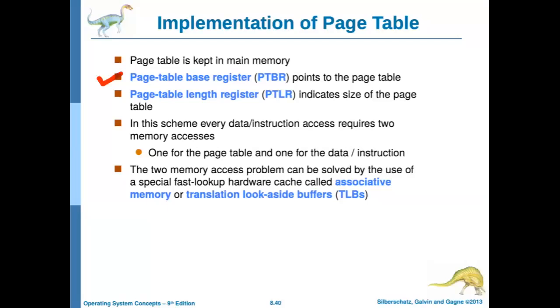If the page table is in main memory, it is always in main memory. Where it is in main memory, that information will be kept by one of the registers called the page table base register.